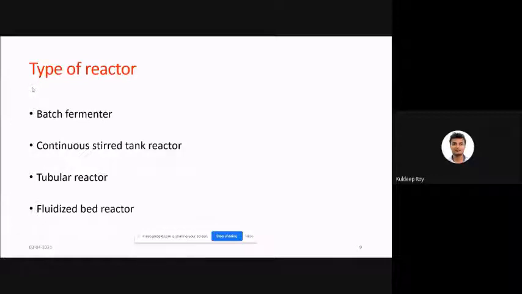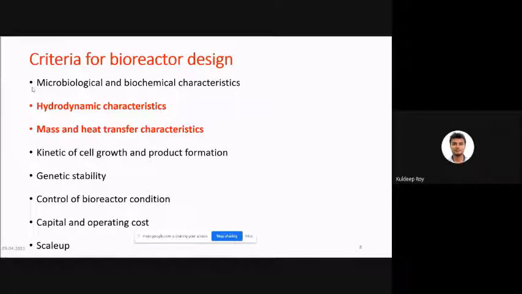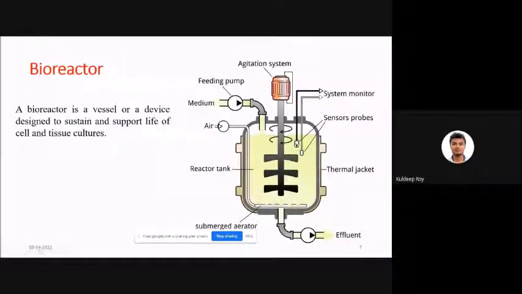That is batch fermentation. Second, the continuous stirred tank reactor, where you are stirring your reactor. As I already told, here you have applied an agitation system that is moving continuously. At that point, it will enhance the mass transfer, so it will give a higher production yield.